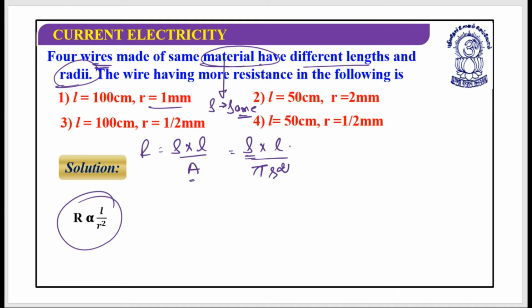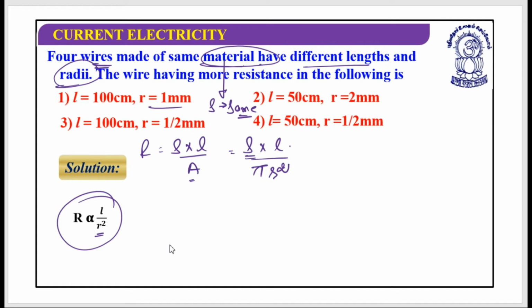Now what you need to do is put the value of L and r square for each case and find out the wire having the more resistance. I hope this is clear. Is it? So can you do this?